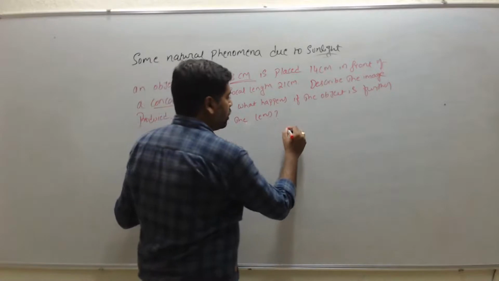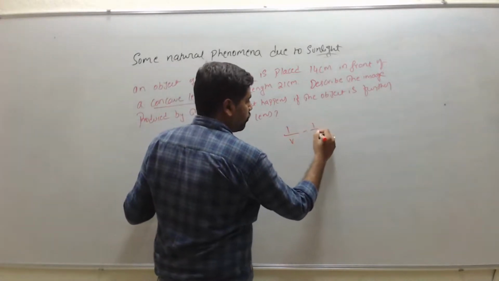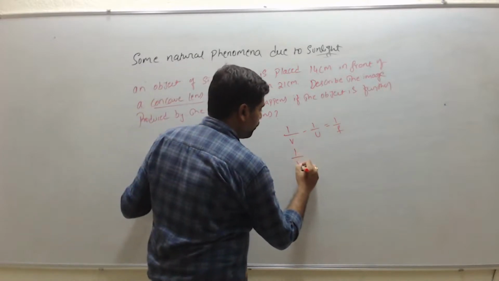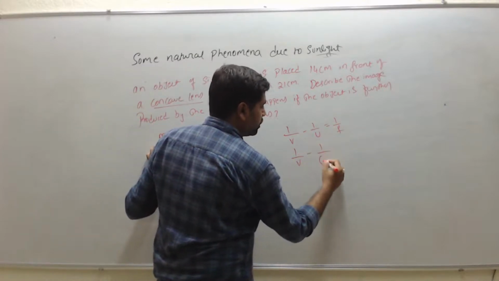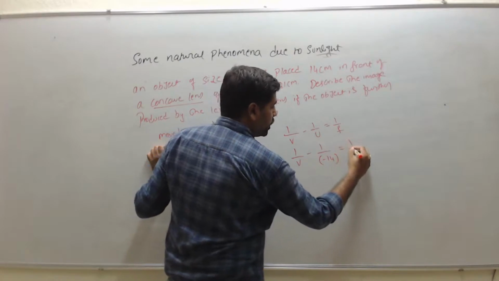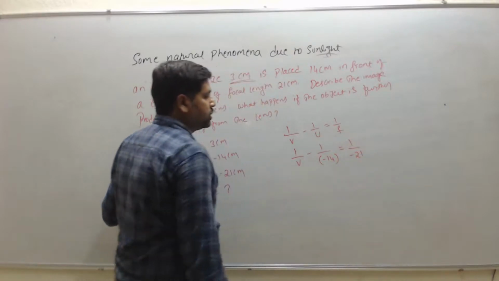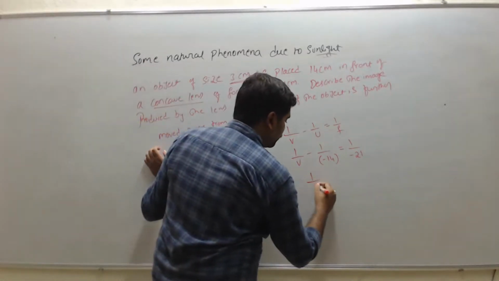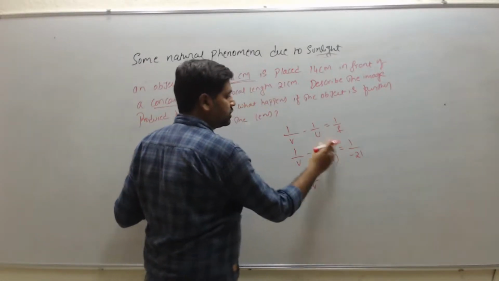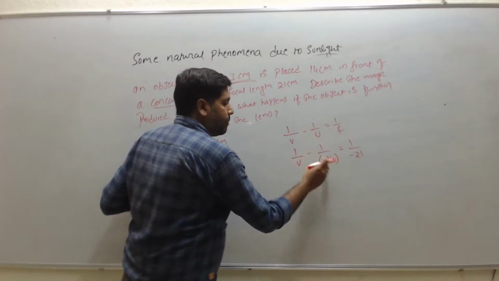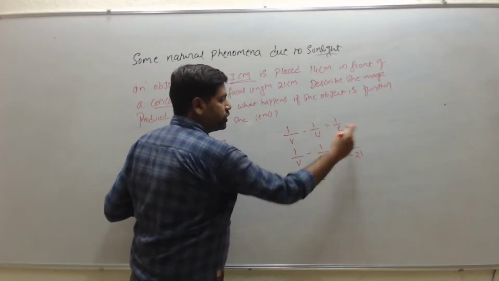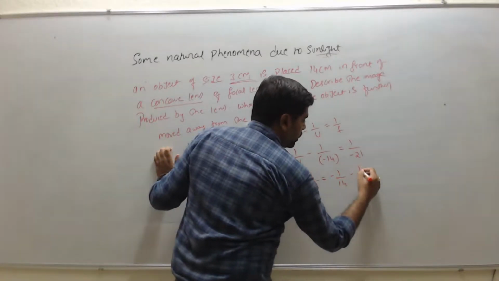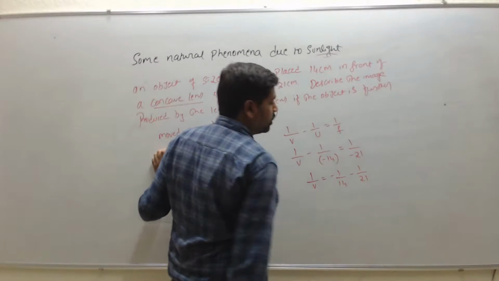By using the lens formula, 1/v minus 1/u equals 1/f, that is 1/v minus 1/(minus 14) equals 1/(minus 21). Here minus into minus becomes plus. In the last class some simplification mistakes happened. Here minus into minus becomes plus. If we shift to the RHS, then it becomes minus 1/14 minus 1/21.